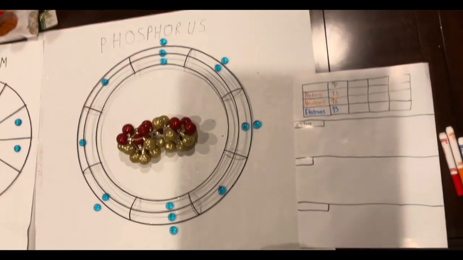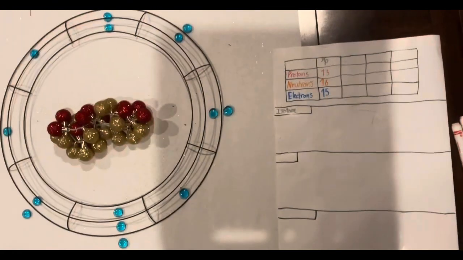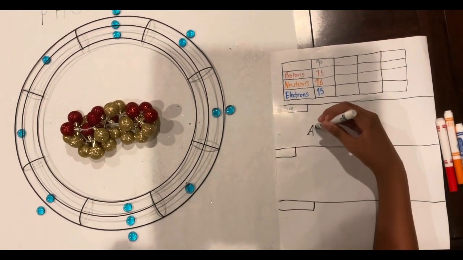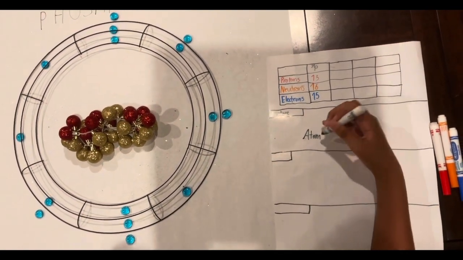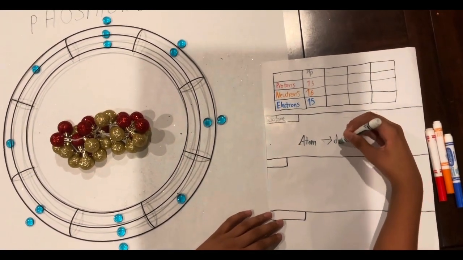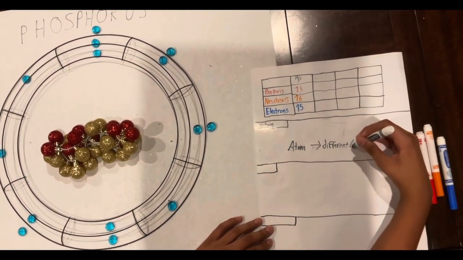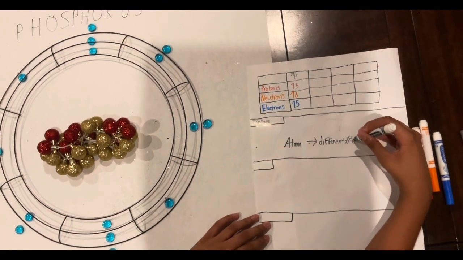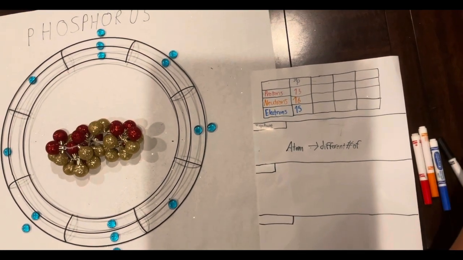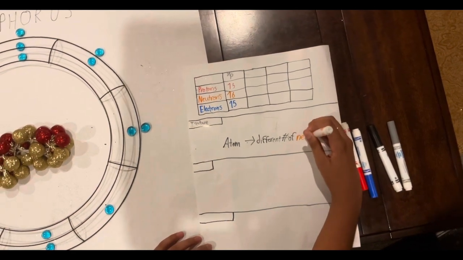So basically, an isotope is an atom with a different number, and I want you to write this down, of neutrons.